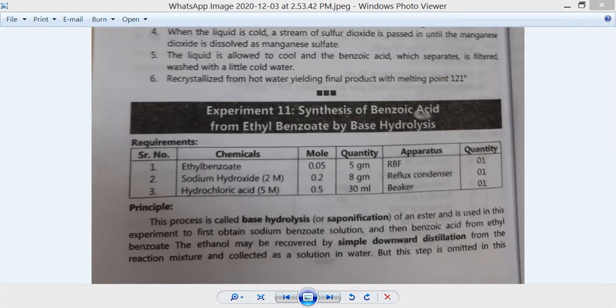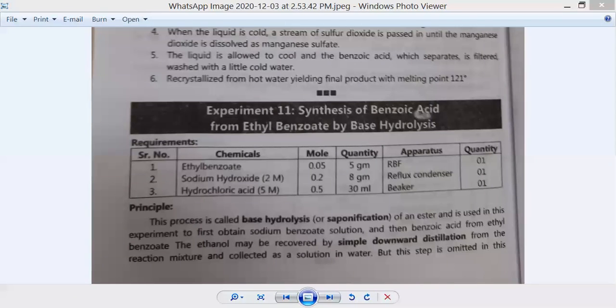What is the reaction involved in this particular synthesis? Our starting material is ethyl benzoate, which is an ester actually. Now this ester we are going to hydrolyze with the help of base, that is sodium hydroxide. This base will hydrolyze the ester to form sodium benzoate, and ethanol is produced as a byproduct.